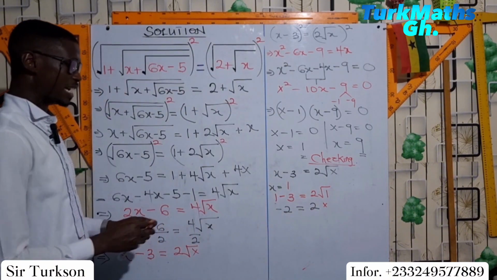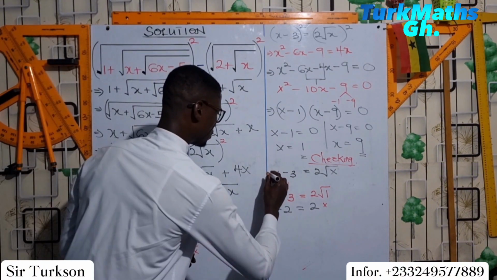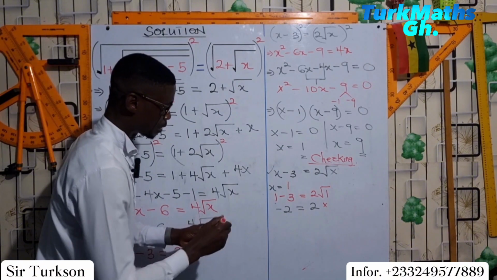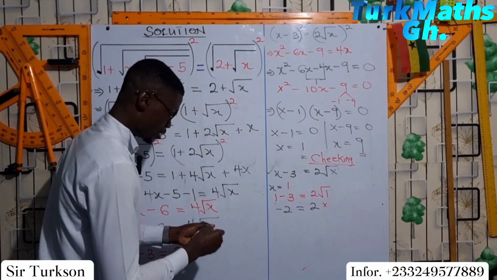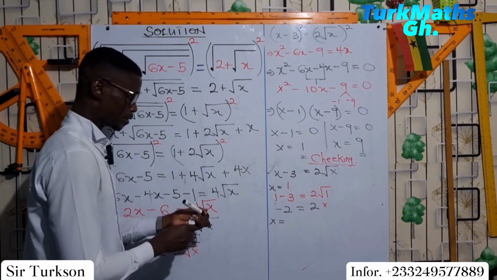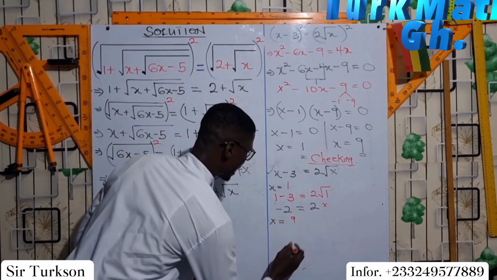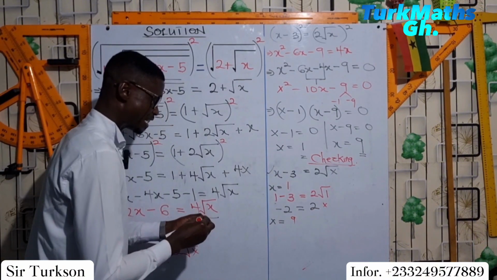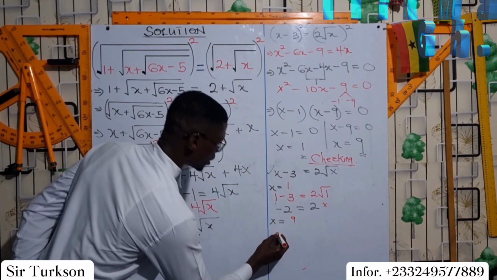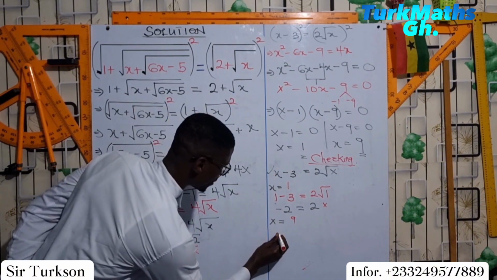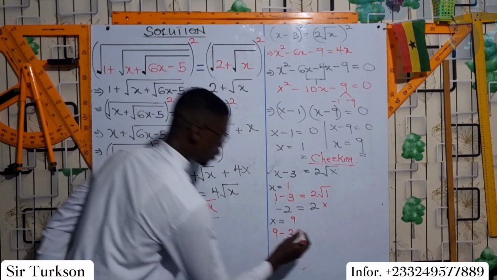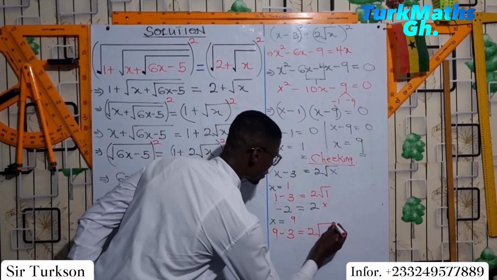So now let's check with the 9, where x is equal to 9. You are going to plug in nicely as we did for this one. So you are going to have 9 minus 3 equals to 2 root 9.